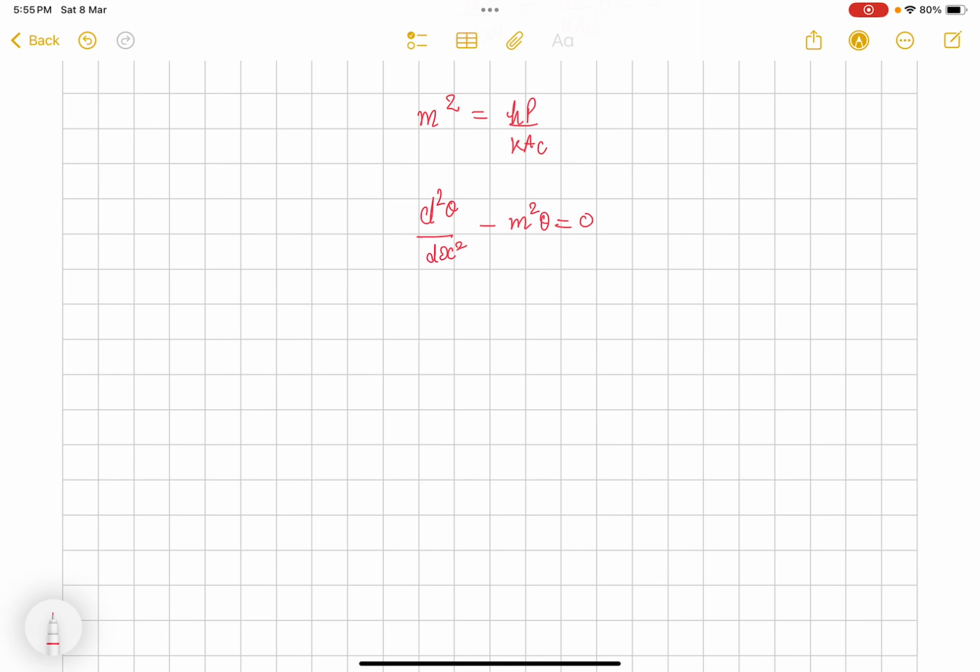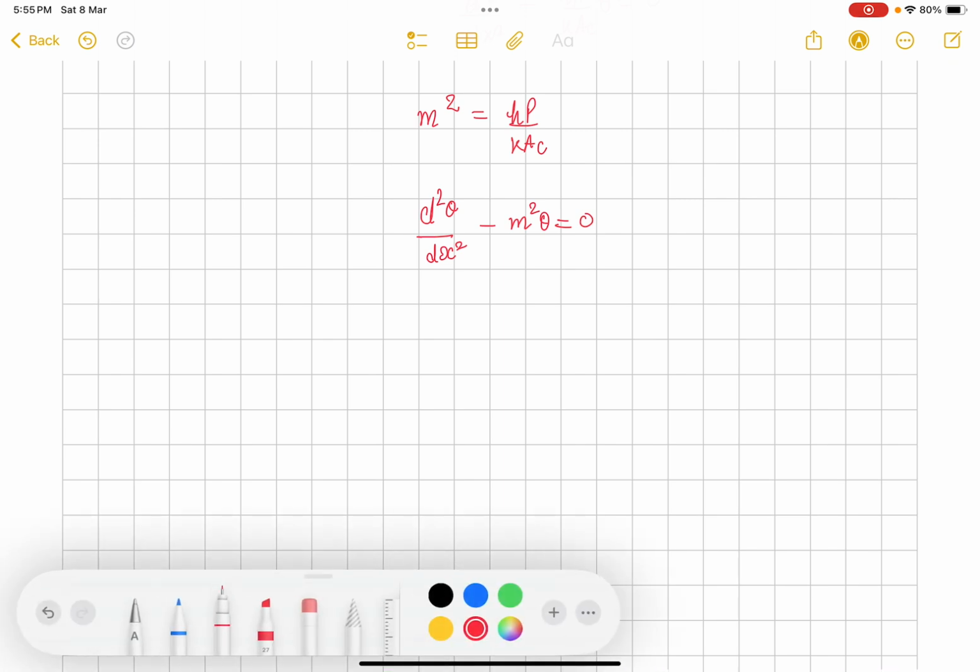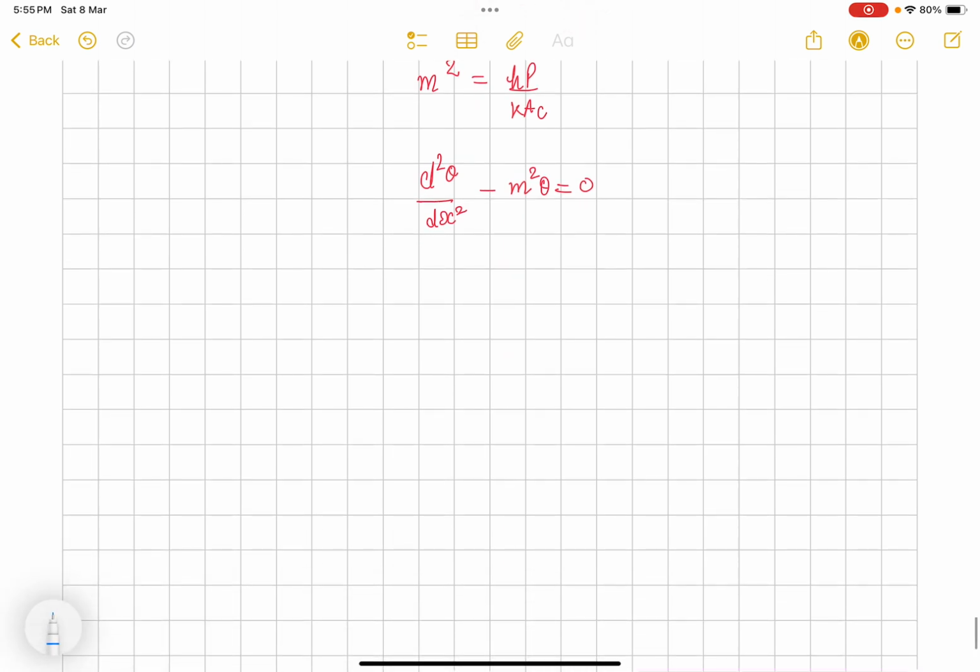So this is an ordinary differential equation. If we say it, this is second order linear homogeneous, because right hand side is 0.